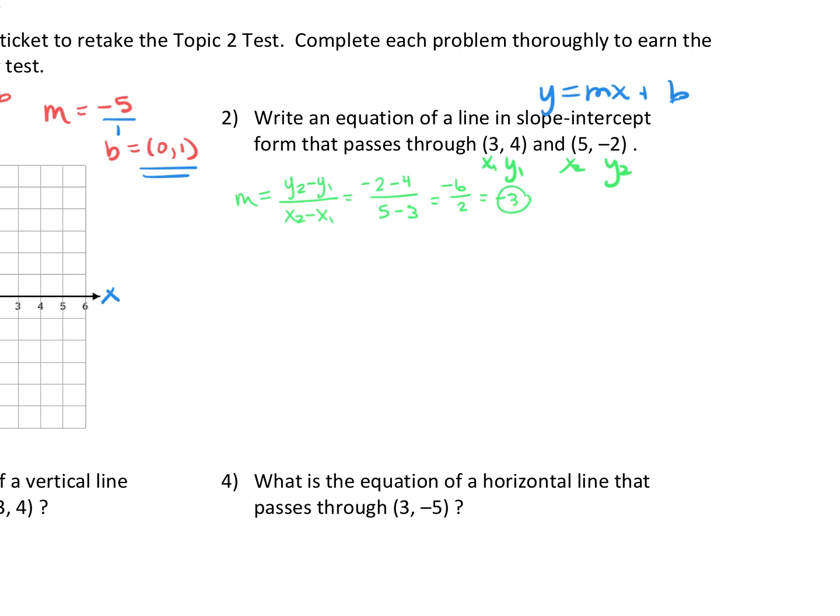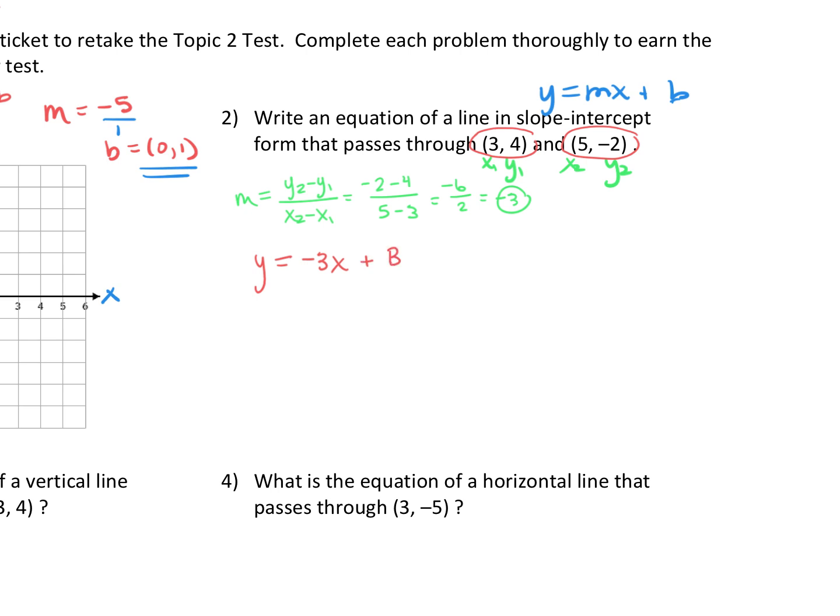So now we can start writing our equation. We know we have y equals mx. Well, we just figured out our slope m is negative 3x, and then plus our y-intercept. We did point out that we looked at our two ordered pairs. Those are not on the y-axis if you were to plot those. So I'm just going to leave this as plus b.